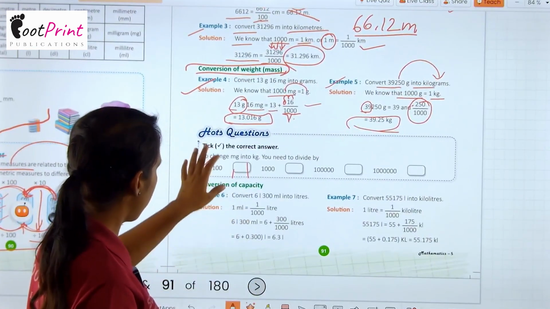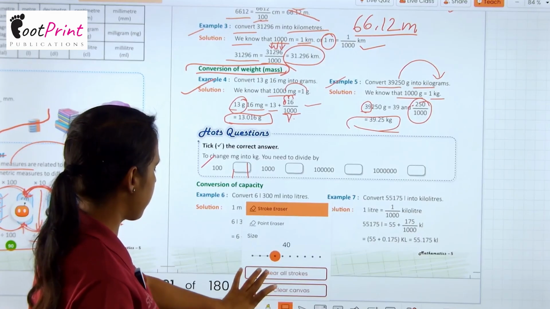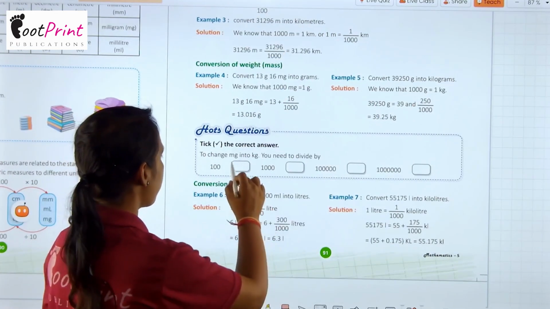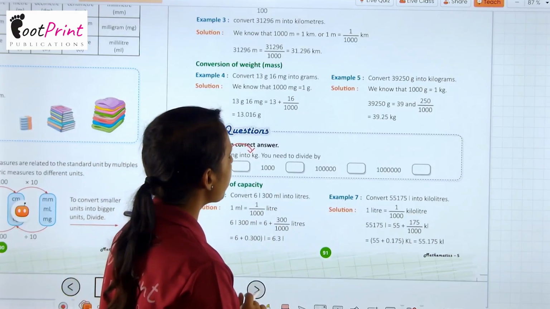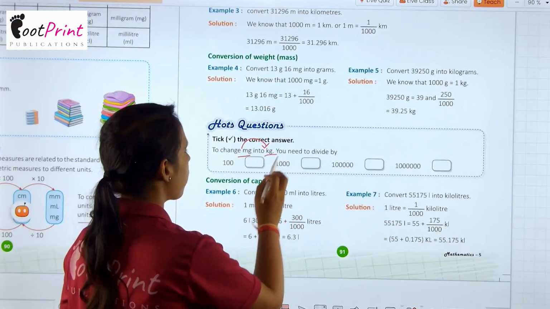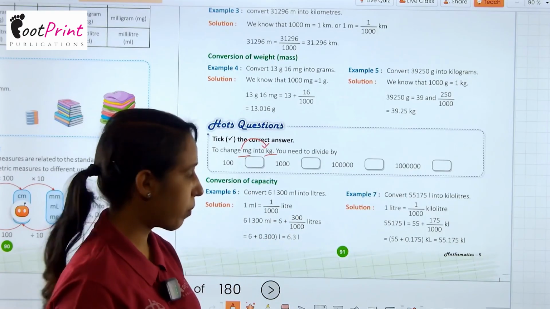Now we have a practice question. Let's do it. To change milligram into kilogram, you need to divide by. So here we have a smaller unit and we have to convert it into bigger unit.